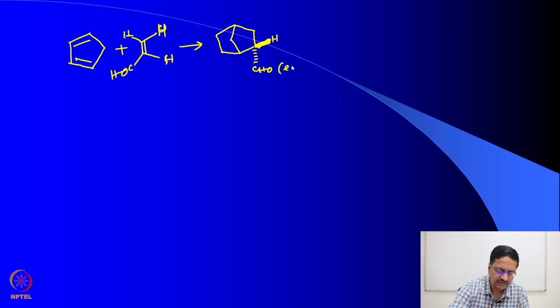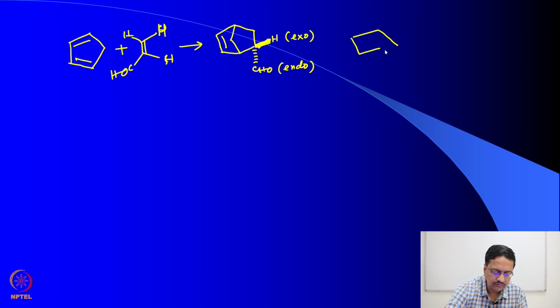This is the endo position and this is called the exo position. In a 3-dimensional view, this would look like this.